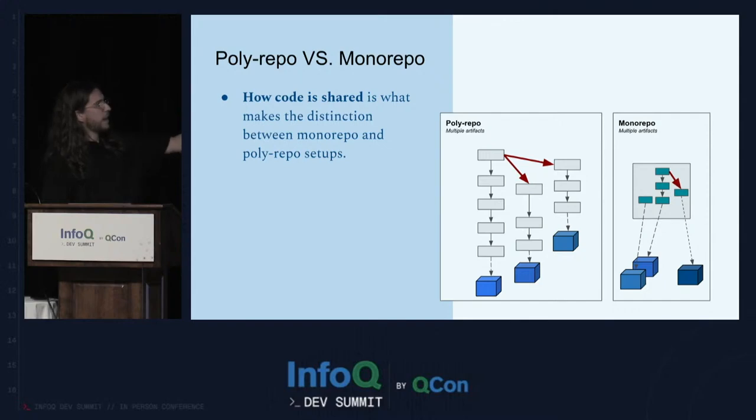So when you add the arrows that represent the dependency relationship between the repos that make artifacts share code, I think you can very clearly say that this is a polyrepo setting. And the same is true for a monorepo setting, where now you have code sharing.